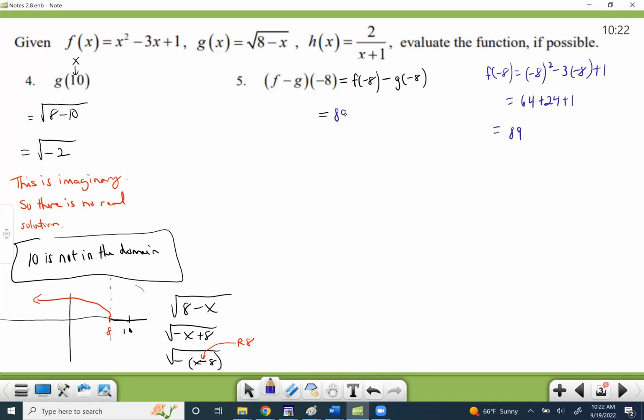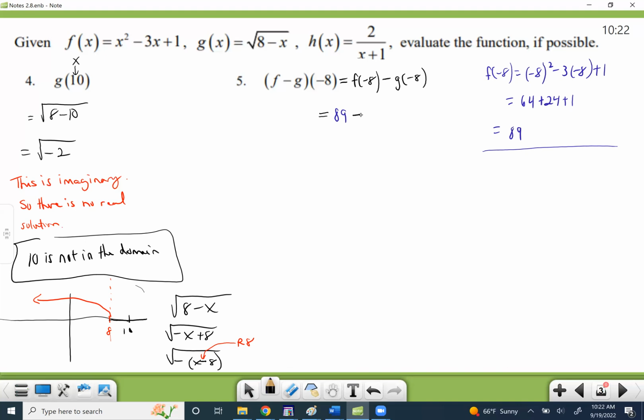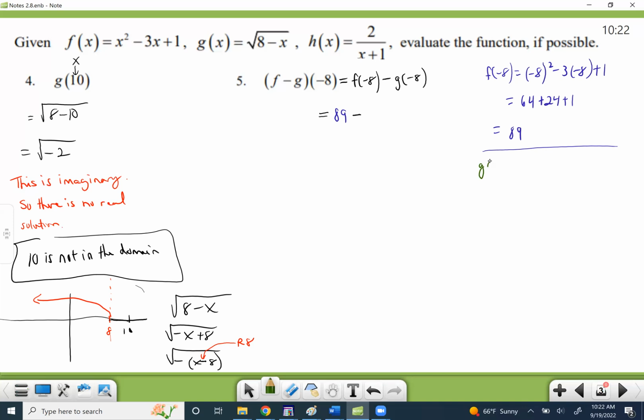So 89 is the first part for f of -8. Now let's go in here and let's get a g of -8. So we're going to take -8 and we're going to substitute it into the function g. So we have the square root of 8 minus -8.